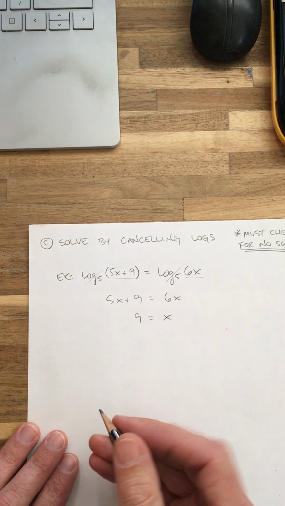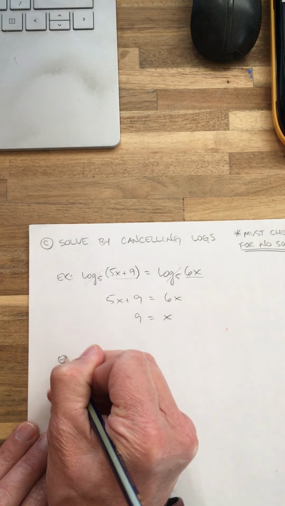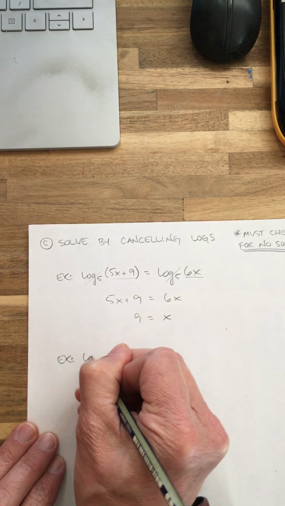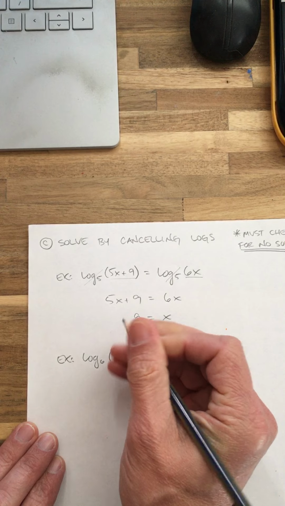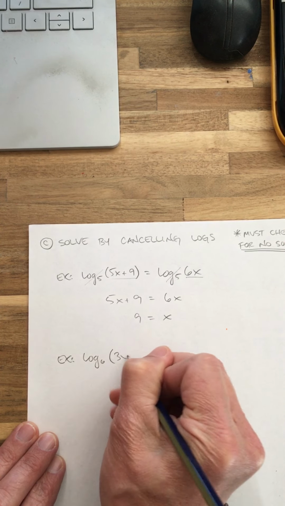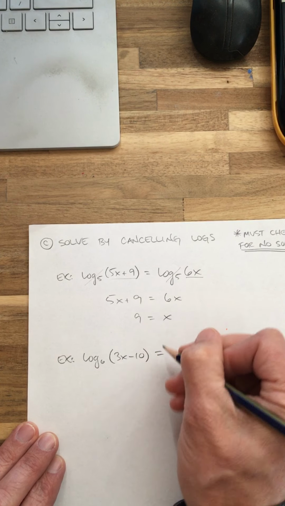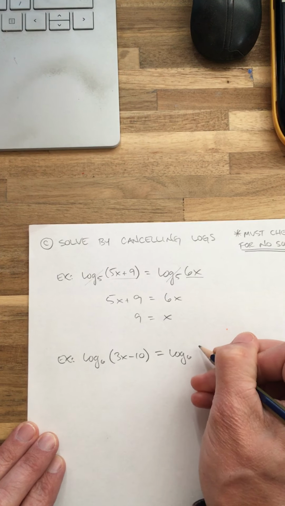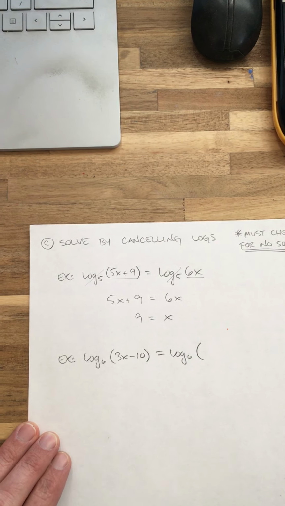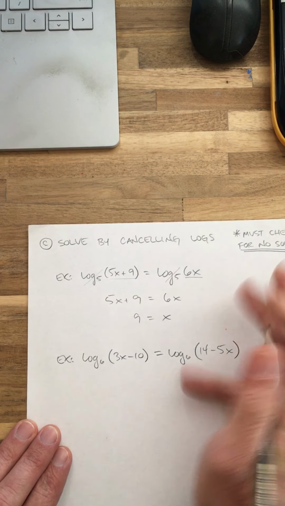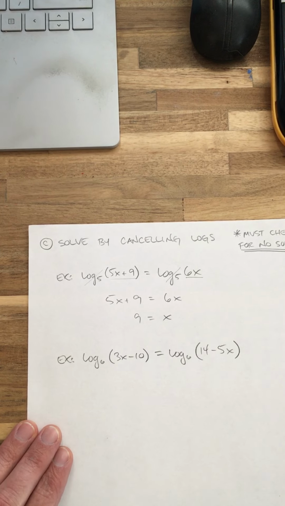Let me show you an example when it might not work out. We have the log base 6 of 3x minus 10 is equal to the log base 6 of 14 minus 5x. Now this is where it might not work out.